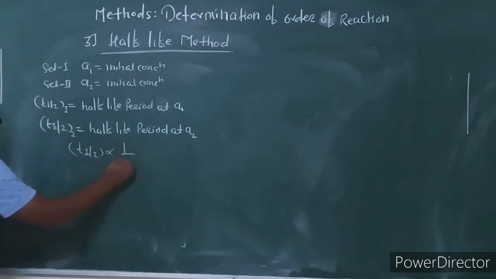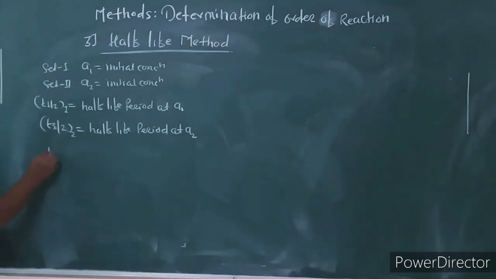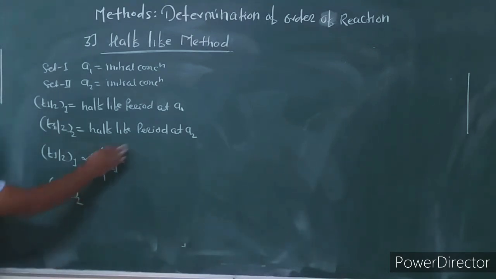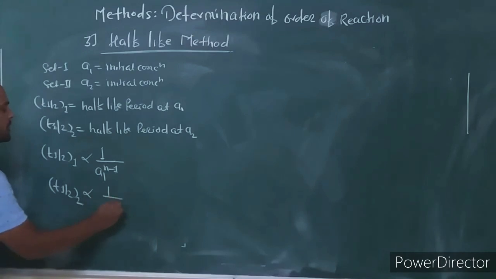By using this general relation for nth order reaction, that half-life period is inversely proportional to the initial concentration having the power n minus 1, the half-life period at initial concentration A1 is inversely proportional to A1 raised to n minus 1, and the half-life period 2 at initial concentration A2 is inversely proportional to A2 raised to n minus 1.